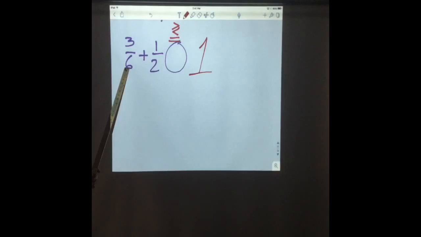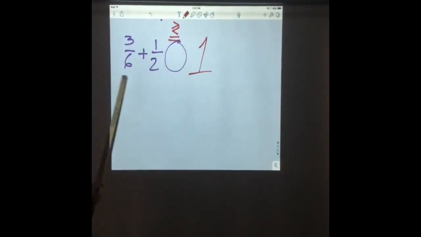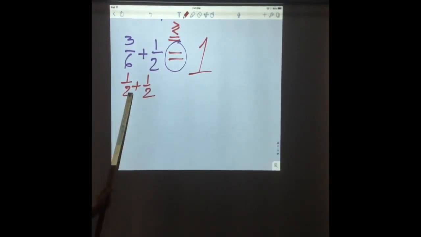What's half of 6? It's a 3. So really, what is this? This is a half plus a half. So what is it? That's right, it's equal to 1, isn't it? Because a half plus a half equals 1 whole. So I thought I might trick you on that one, but you guys saw through that.